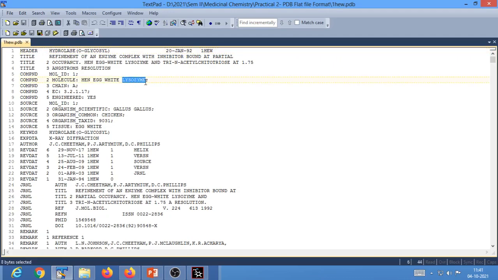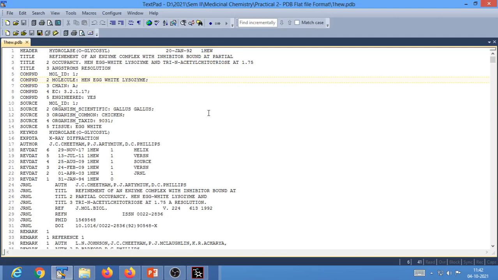This lysozyme was derived from the white portion of the hen egg, is crystallized, and is deposited in PDB, and that is what you have downloaded.